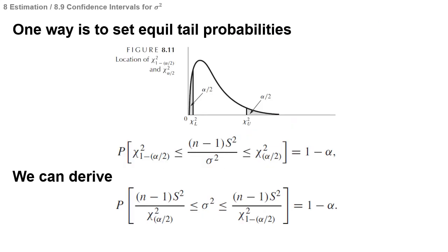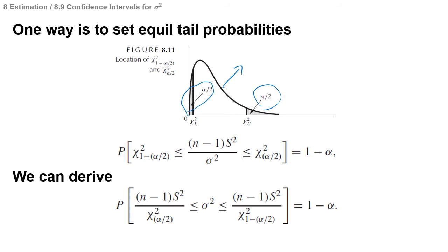One easy way to calculate the confidence bound is to set equal tail probabilities. So this is the chi-square distribution, and we can set the equal tail probability: alpha over 2 on this side, and alpha over 2 on this side as well.